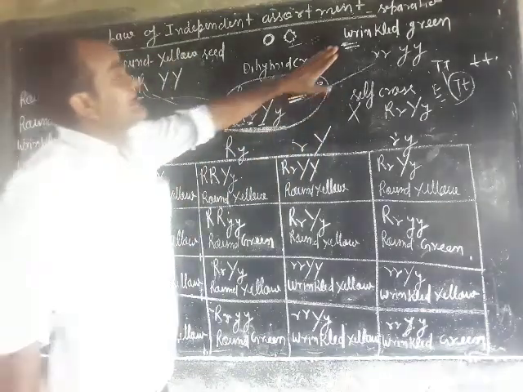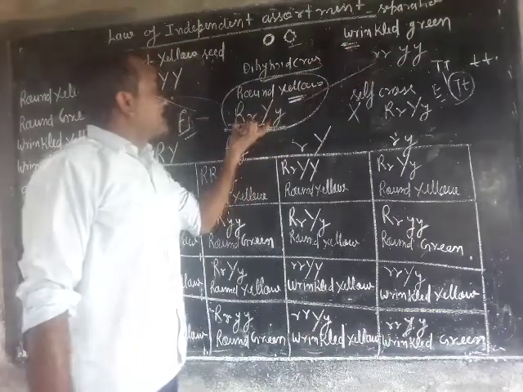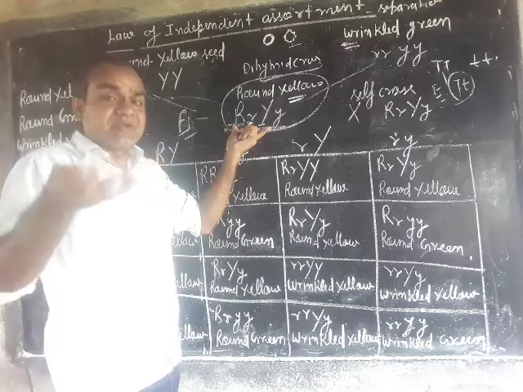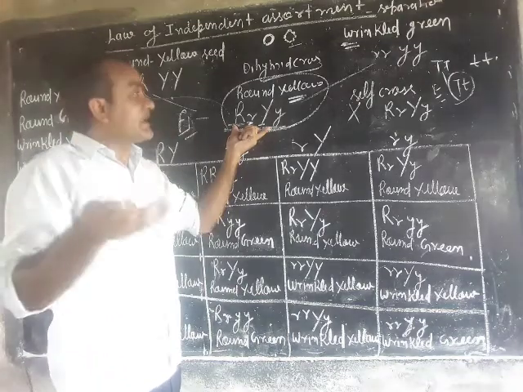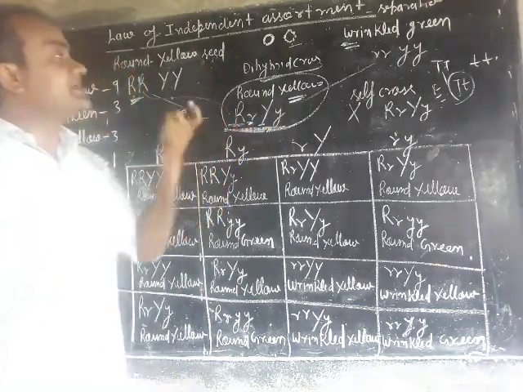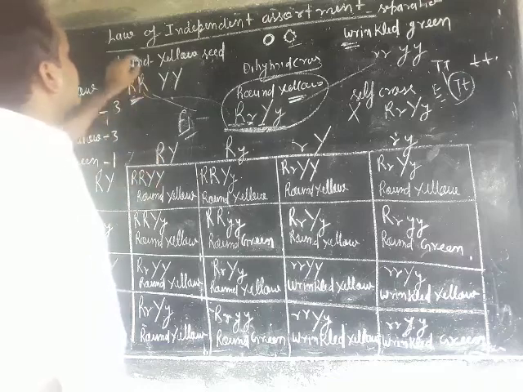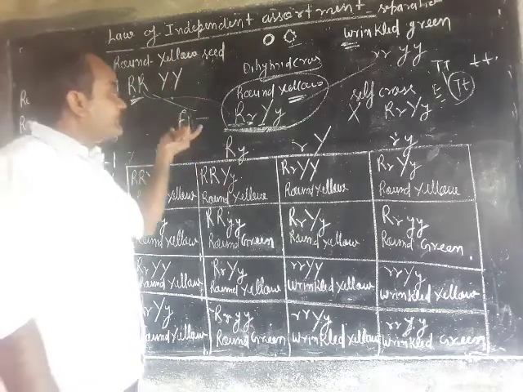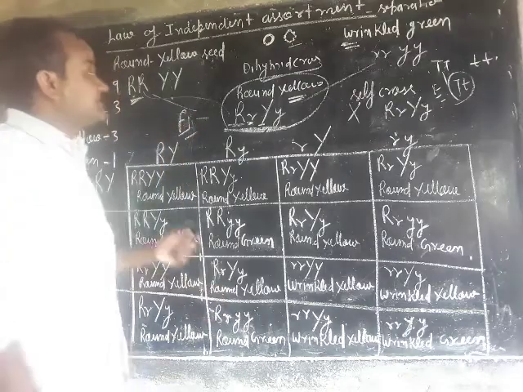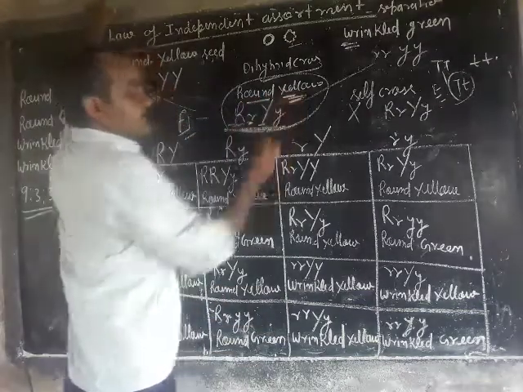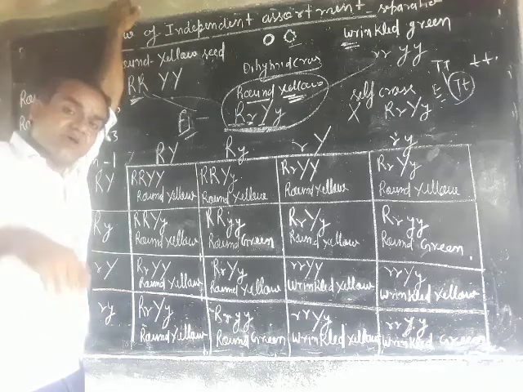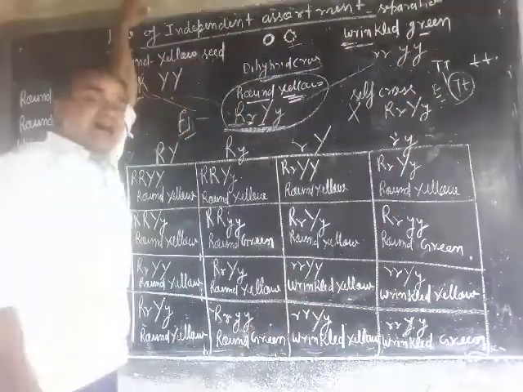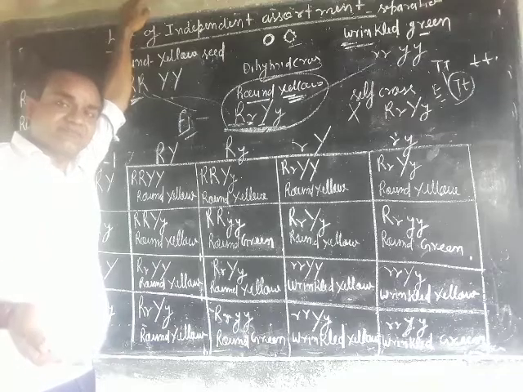Wrinkled green was not expressed here. This means round and yellow are dominant, whereas wrinkled and green are hidden, known as recessive.